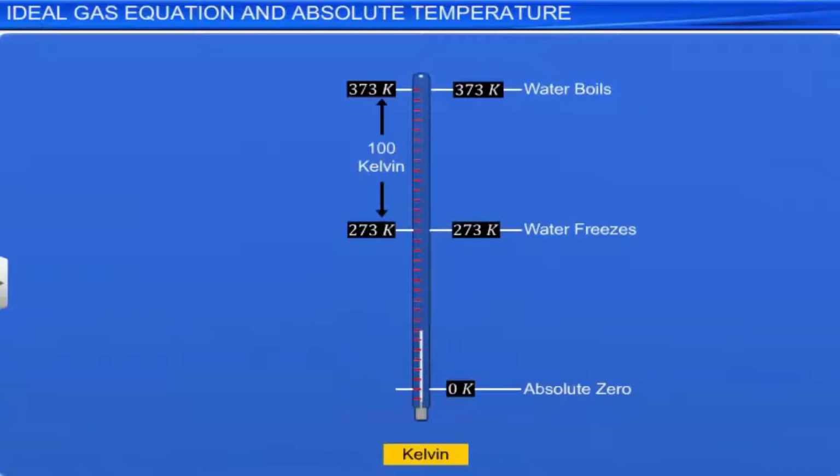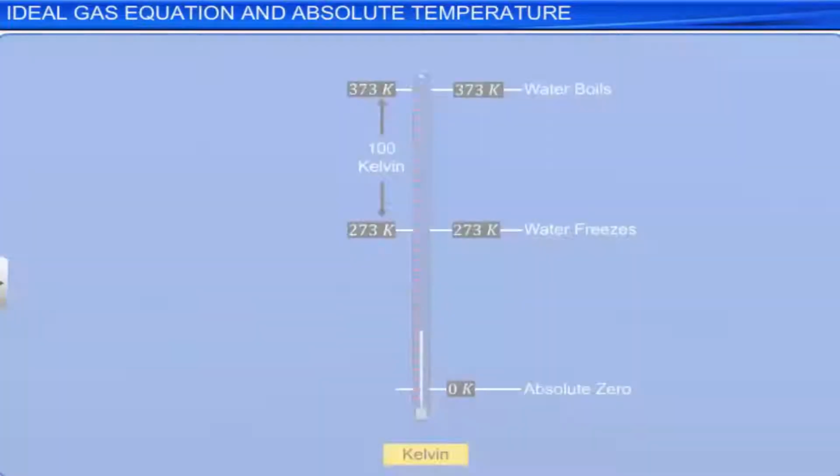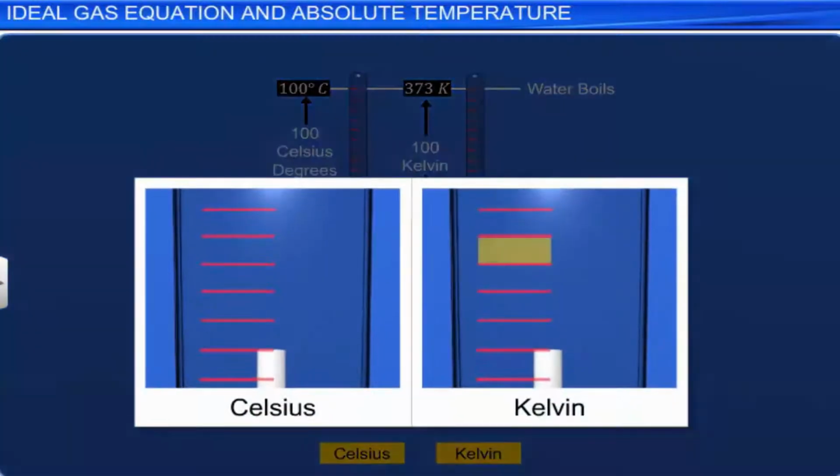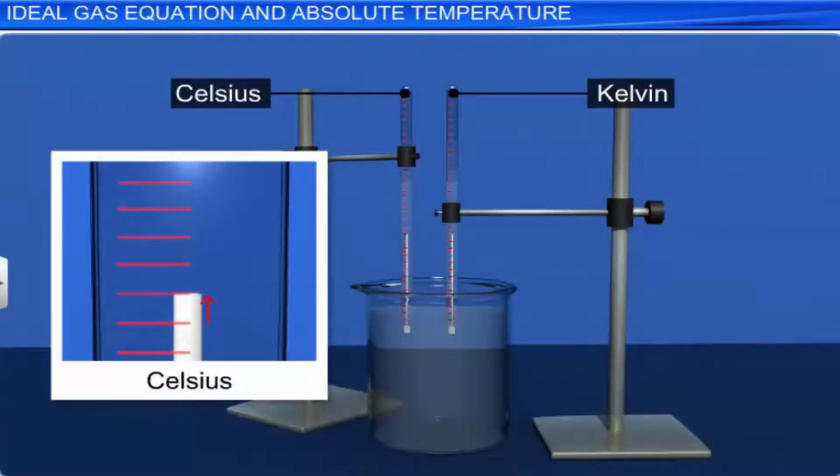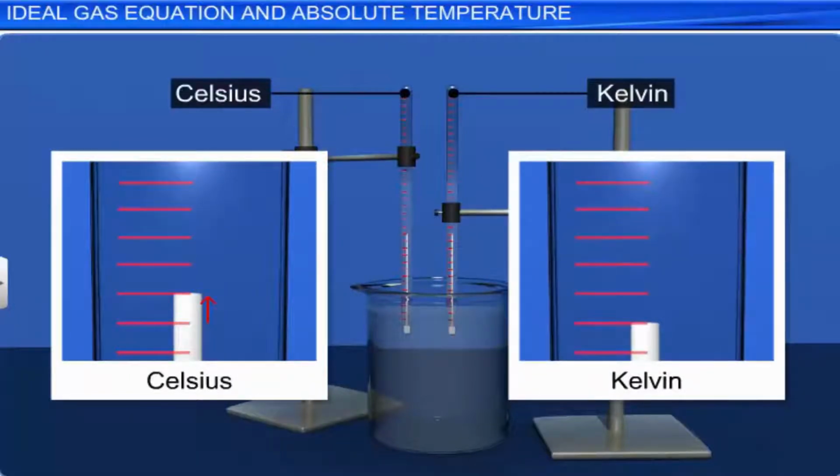The temperature of a body on the absolute scale is expressed in Kelvin and is called absolute temperature and is represented by the letter T. The size of a degree on the Kelvin scale is identical to the size of a degree on the Celsius scale. For example, if the temperature of a body is increased by 1 degree centigrade, then the corresponding change on the absolute scale is 1 Kelvin.